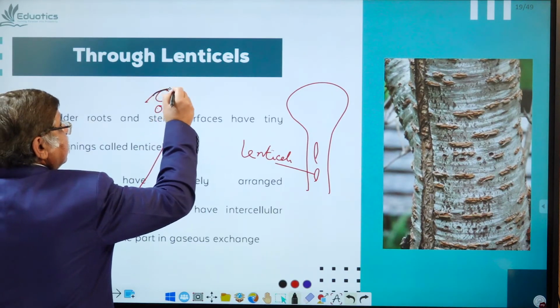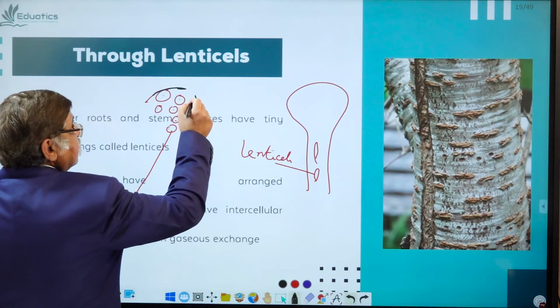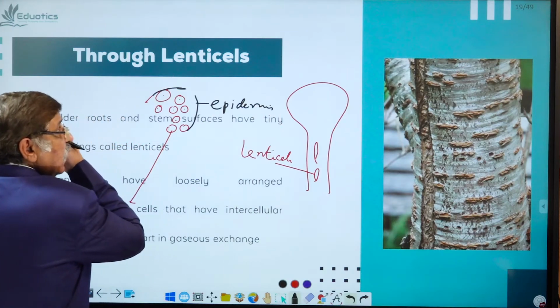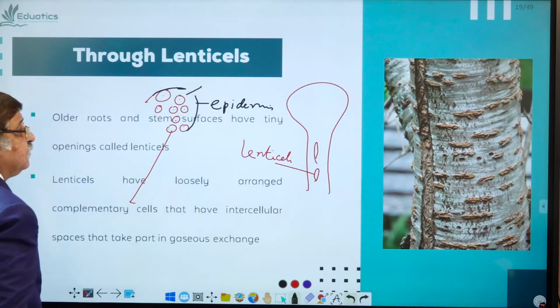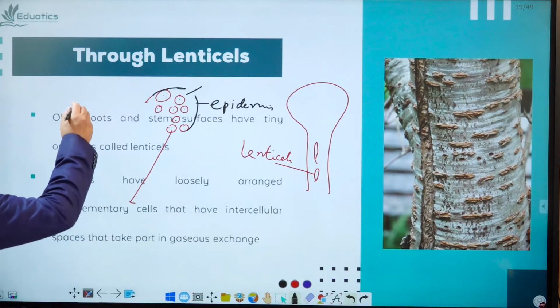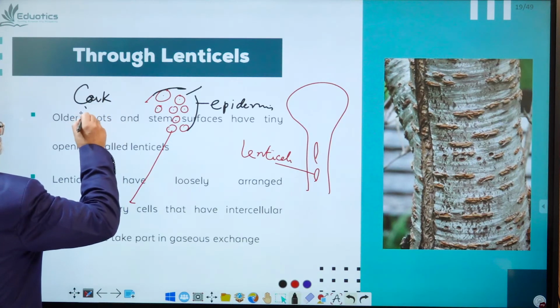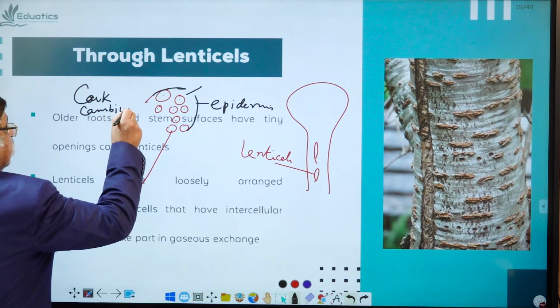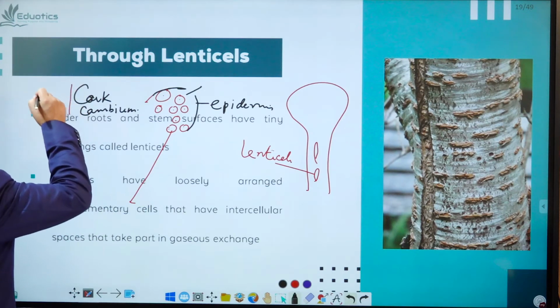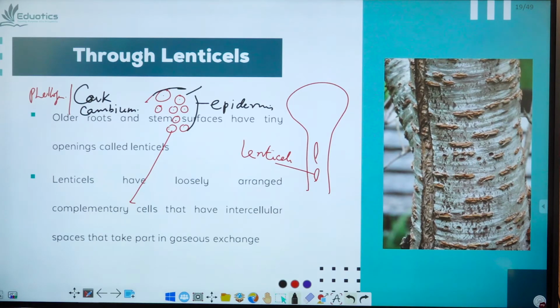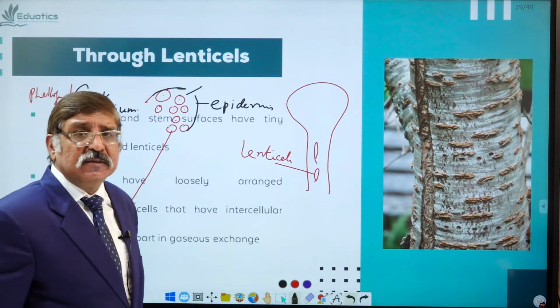And the epidermis breaks, and a hole is left for gaseous exchange. This you will be studying in higher classes, that we have cork cambium or phellogen, which is going to make these lenticels. So they become important breathing parts, especially for woody stems.